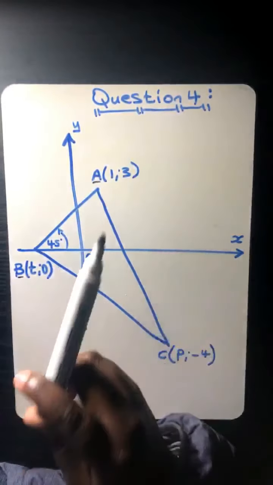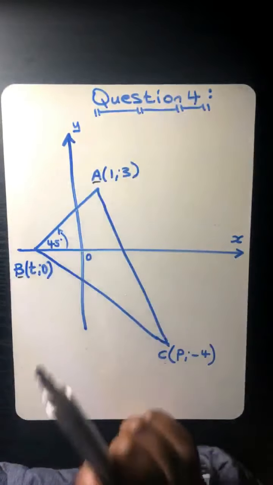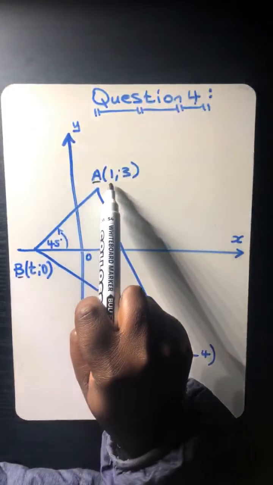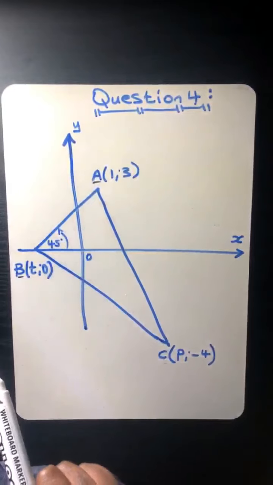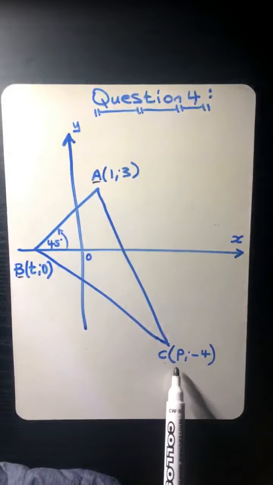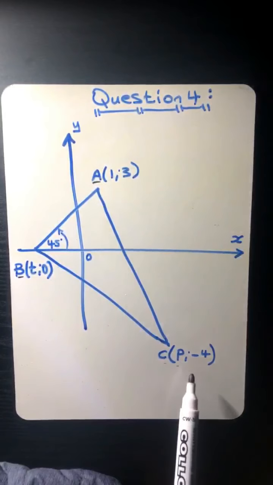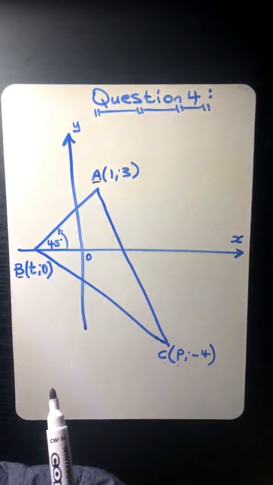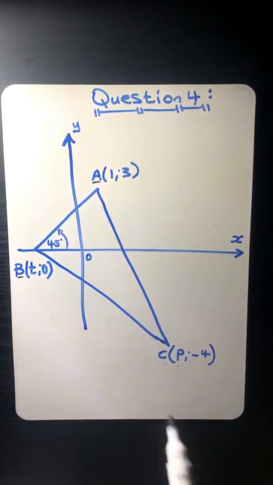So they are saying A, B, and C is a triangle with vertices A having the coordinates of (1, 3), and then C having (P, -4). So they say with P greater than 0.